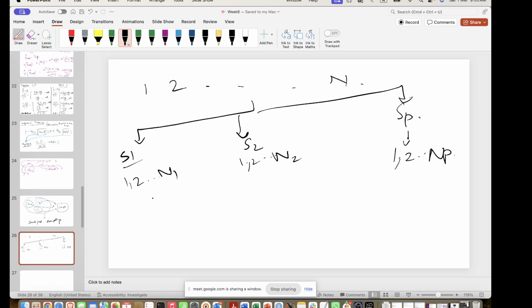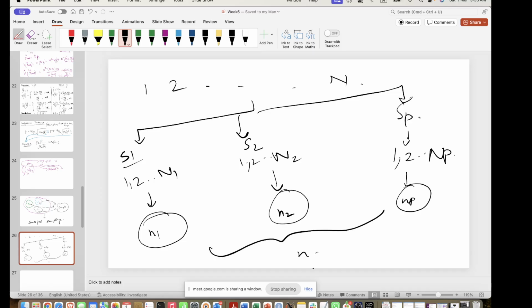And then from here we select n1, from here n2, from here np, and all of these add up to n. All of this selection is done by simple random sampling. So this is the setup.